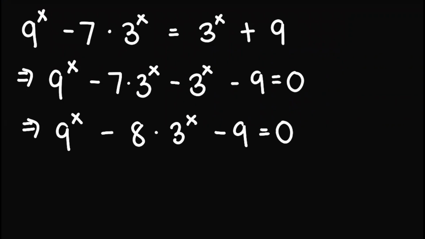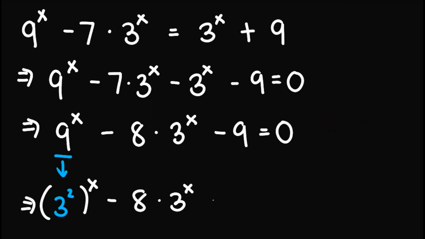Now, what do we have to do? Well, note that 9 out here can be written as 3 squared. So we'll have 3 squared raised to x minus 8 times 3 raised to x minus 9 equals 0.